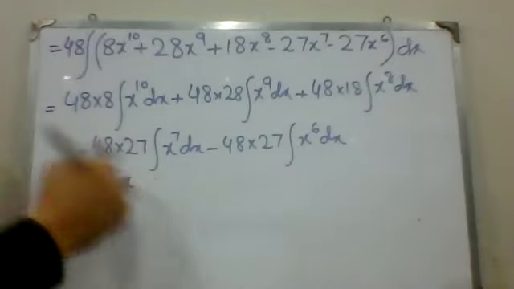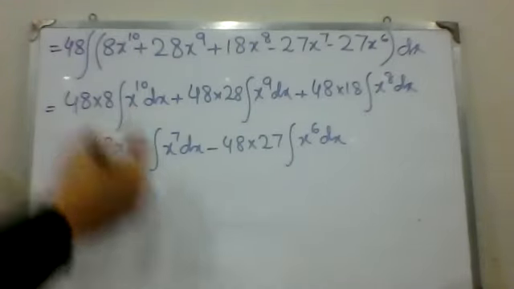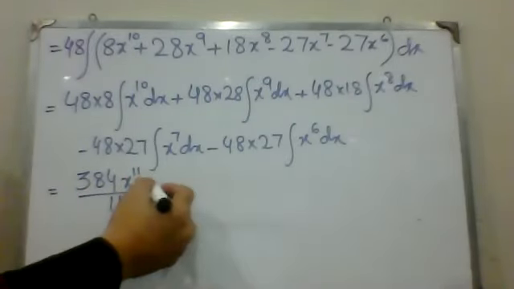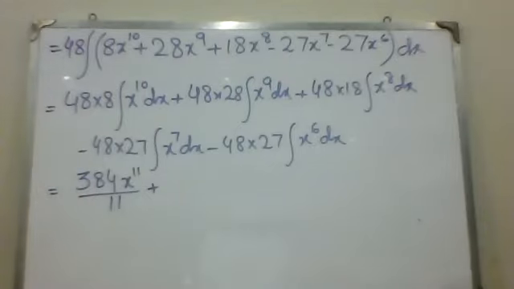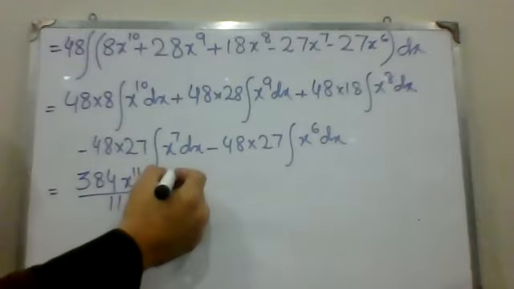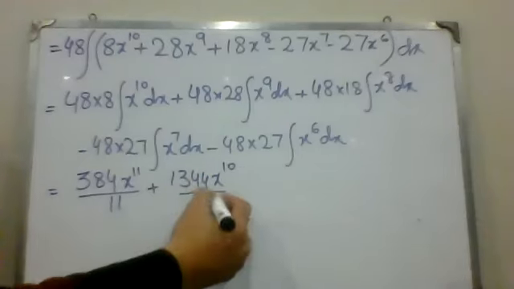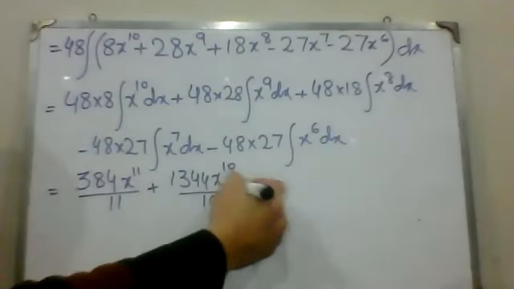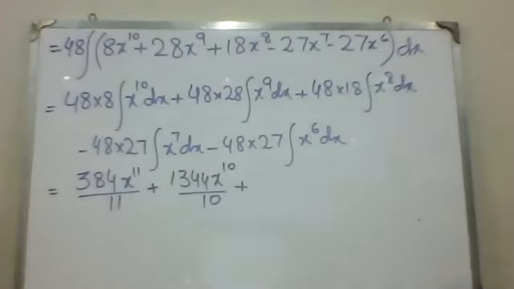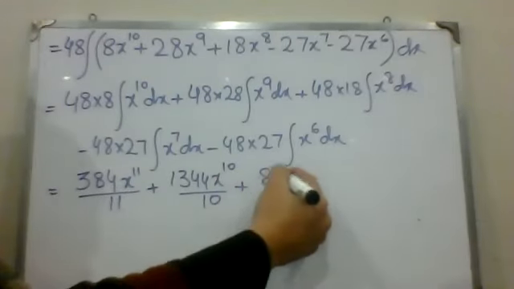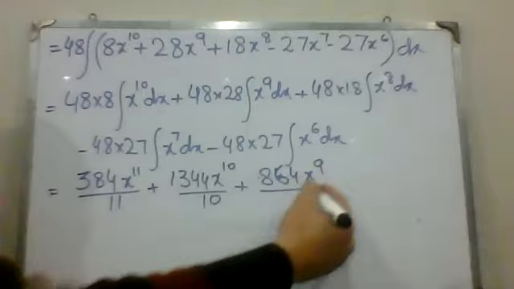Okay. Yes sir. The derivative of x is present, so x to the power 11 divided by 11, plus 48 multiplied by 28 is what? 1344. 1344 x to the power 10 divided by 10, right? Now next term 48 multiplied by 18, 864. 864 x to the power 9 divided by 9.